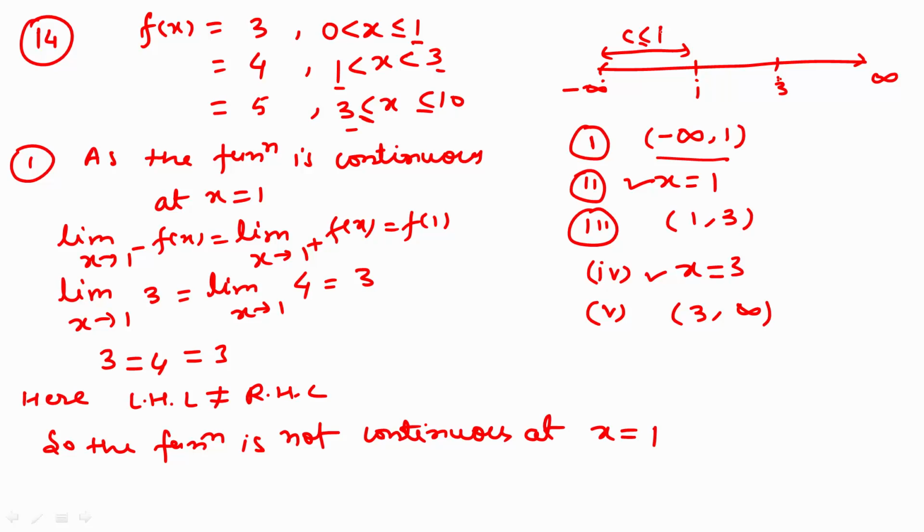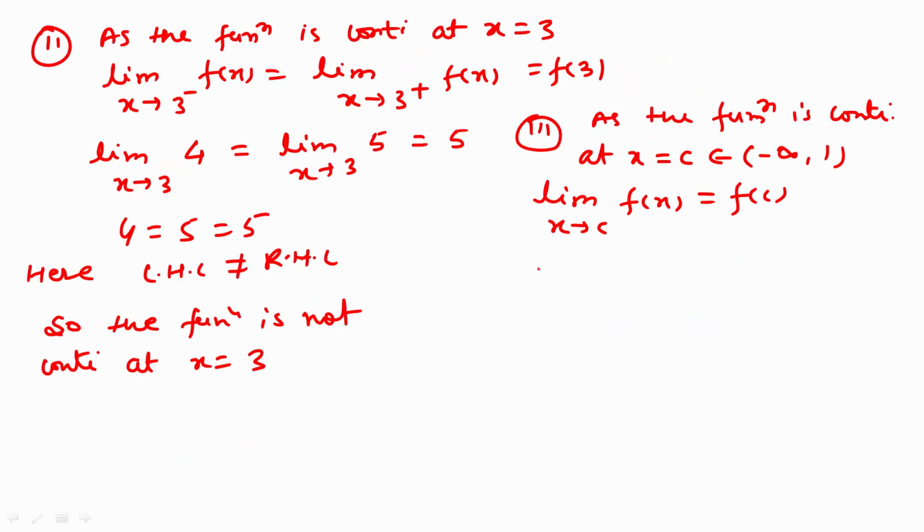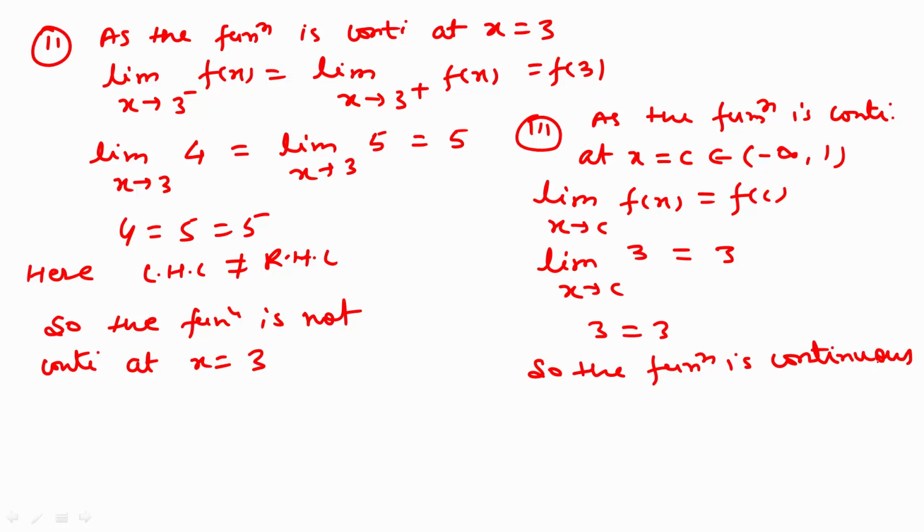When c is less than or equal to 1, we will take the function 3. Limit x tends to c, the function will be 3, and our f of c is 3. On taking limit, 3 is equal to 3, so the function is continuous at x is equal to c, where c belongs to minus infinity to 1.